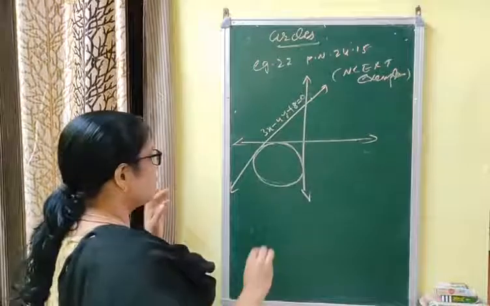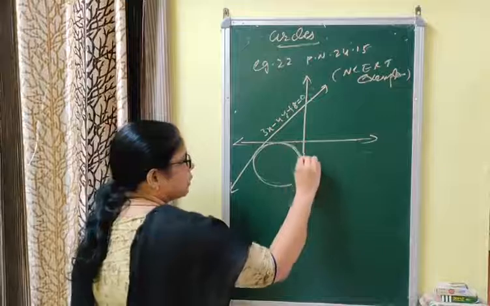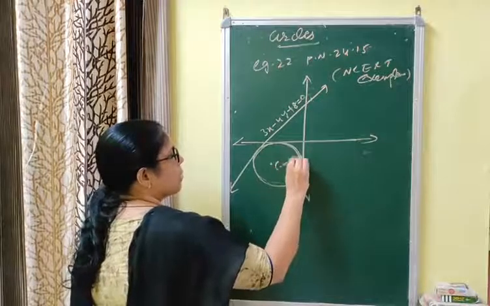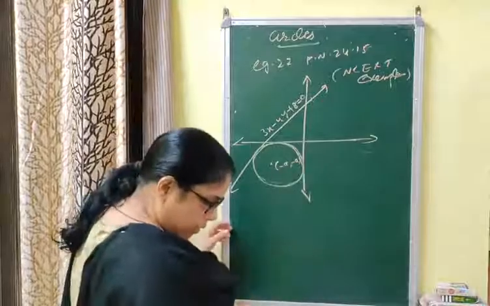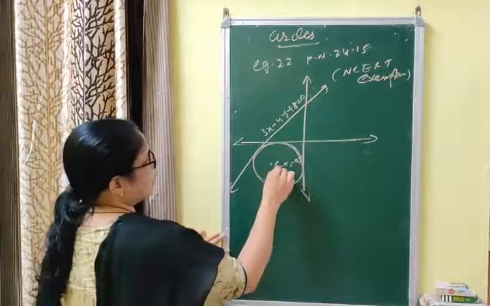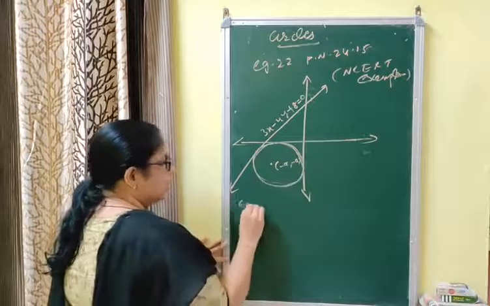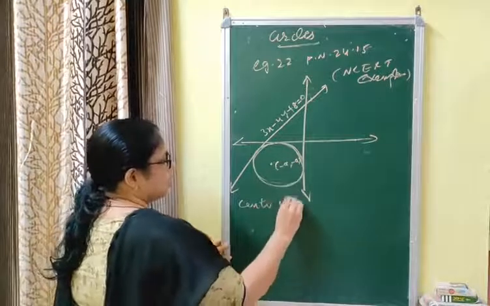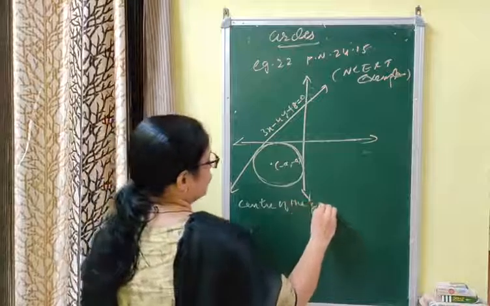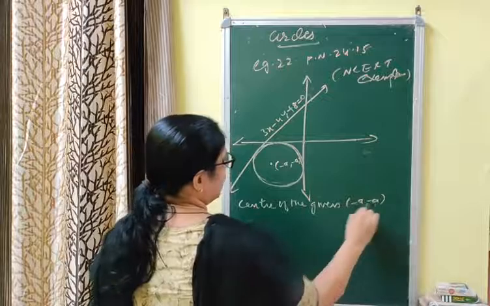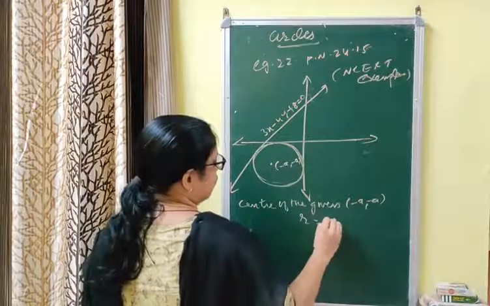Now since the circle lies in the third quadrant, the center has coordinates minus a comma minus a, both negative, and the radius of the circle we can assume as a. We assumed the radius a, that is why the center is minus a. The center of the given circle as per the condition is minus a comma minus a, where r is equal to radius equal to a.